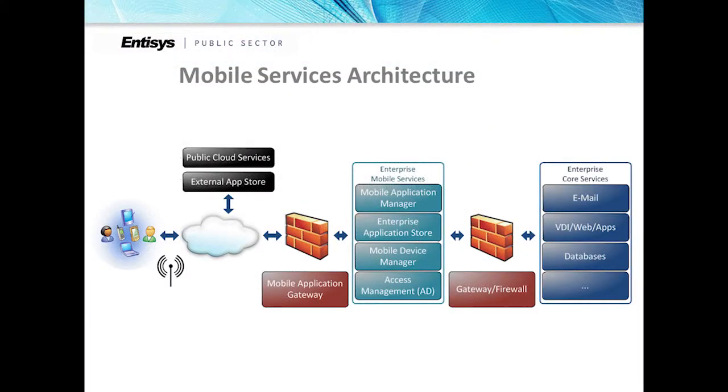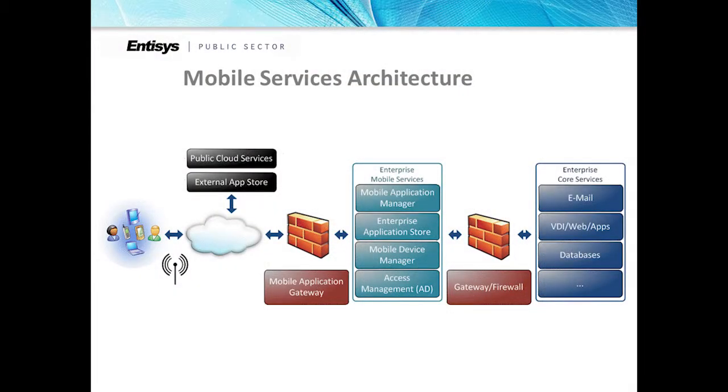As a quick overview of the architecture involved in any mobile services deployment, we're going to start with our enterprise core services. Of course, this is what we're trying to give users access to. And this illustrates that we're not just looking at stuff that's within our data center, but of course, services that may reside on the cloud as well.